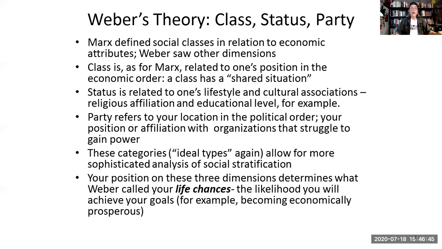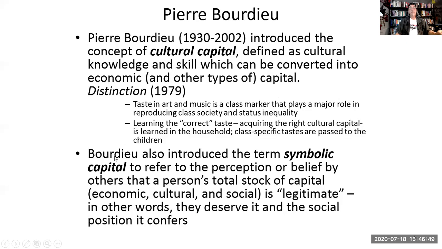So moving on, another factor in terms of the reproduction of social class is this cultural sphere. Pierre Bourdieu, a French sociologist, anthropologist who passed recently, introduced a concept called cultural capital.